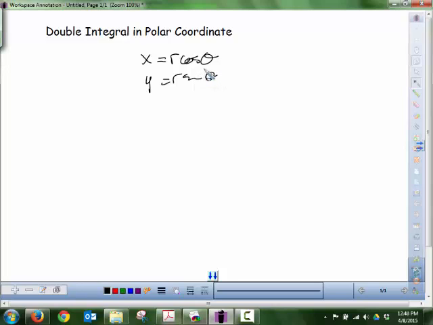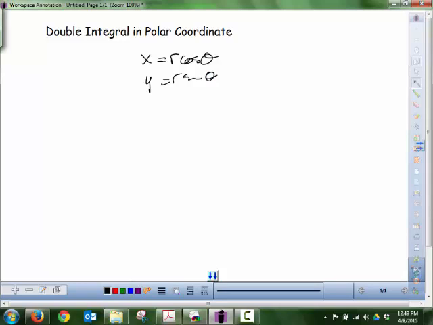So last time we left off thinking about polar coordinates as some sort of substitution like we did back in Calc 2, where we went from an x to a u, as in a u substitution, or we went from x to a theta, as in a trig substitution.